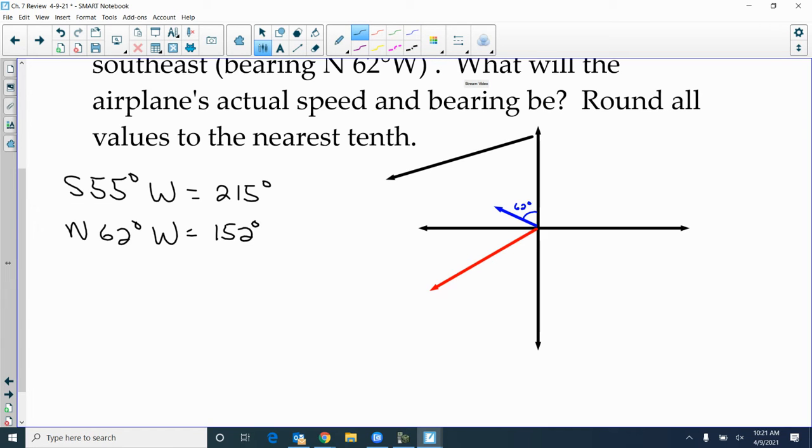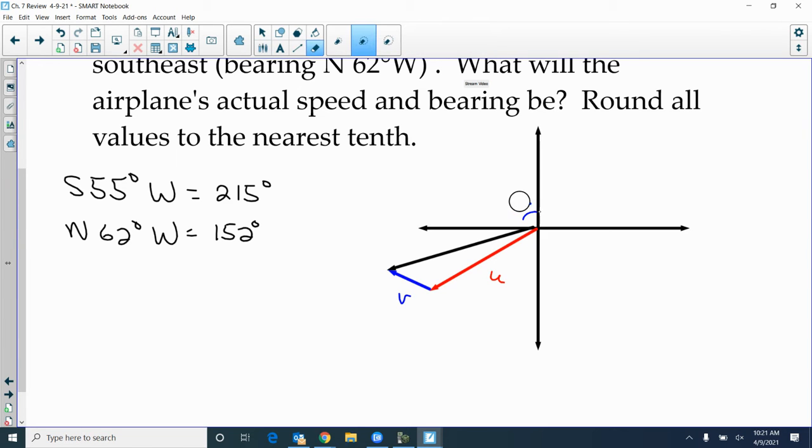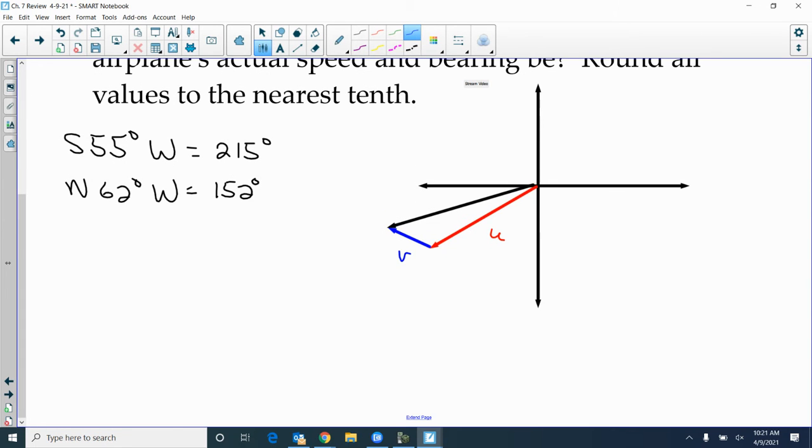Now, when we add these together, we can put them at the same spot to understand how the forces are acting on a single object. I think in this case it's easier when we slide this one here, and then I'm going to draw in your resultant. I'm going to call the first vector U. I'm going to call the second vector V. I'm going to get rid of that 62. We need to add those together. We convert to ij form.